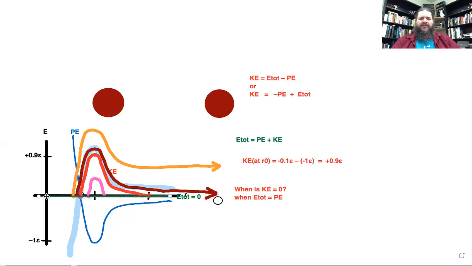What's the lowest, like worst case scenario, what's the lowest energy this could have started with? Yeah, the well depth. It's possible that the particles could have been all the way down at E total equals negative epsilon. So that would be the lowest possible energy state. If you want to guarantee that you're breaking a bond, you have to add enough to take it all the way from the lowest energy state, negative epsilon, up to 0. In other words, you've got to add plus epsilon.